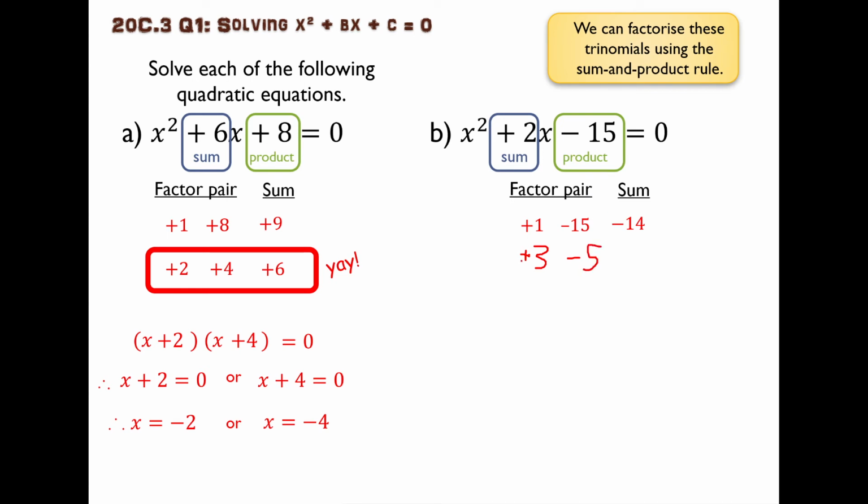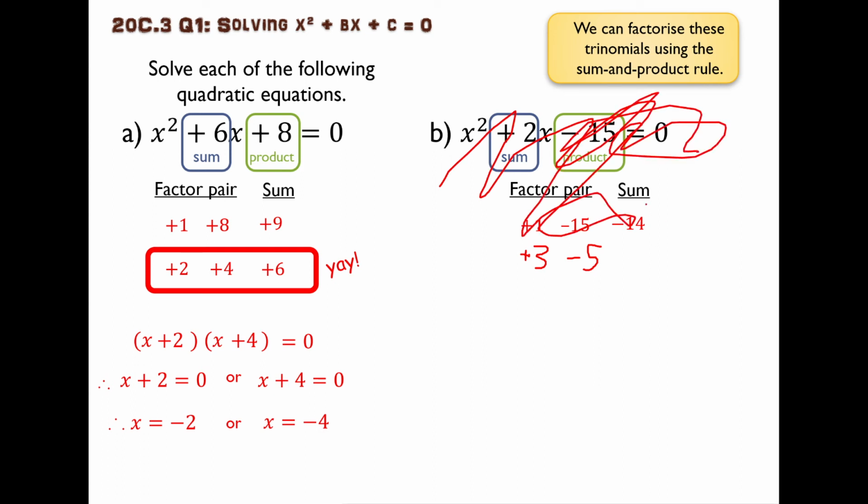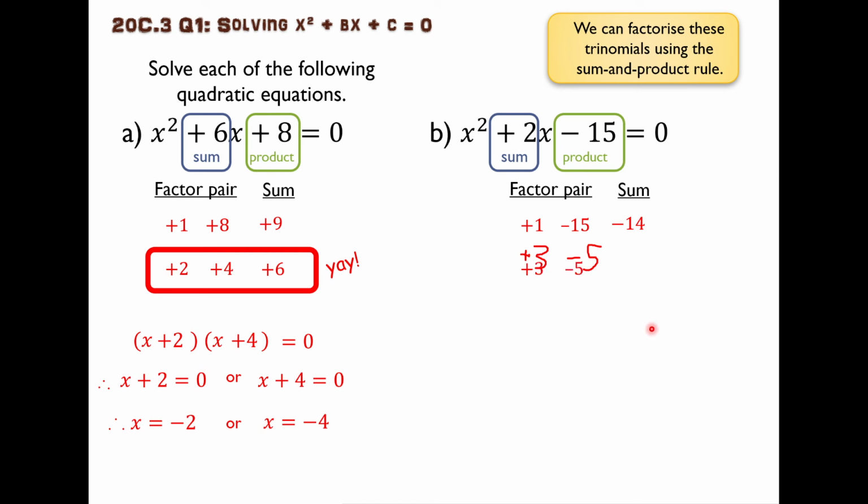And sure enough, positive 3 times negative 5 does match that product. Now, we'll ignore everything else. What is the sum of positive 3 take 5? Well, 3 take 5 is negative 2. Is that the sum that I was looking for? No, but it was awfully close, wasn't it?